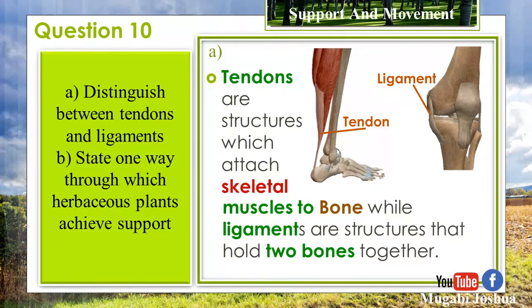Tendons are structures which attach skeletal muscles to bones, while ligaments are structures that hold two bones together.